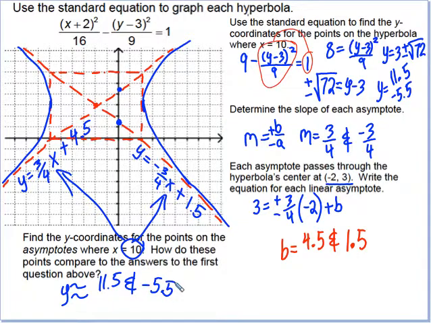Well, because your hyperbola up here is also going to be approximately 11.5 and negative 5.5. If you look around this part of the graph here, you'll notice that the lines are really close together. That's because the asymptote and the graph are converging, or getting closer and closer together.